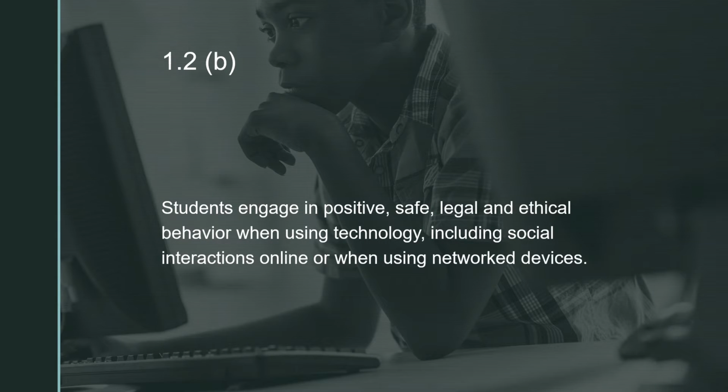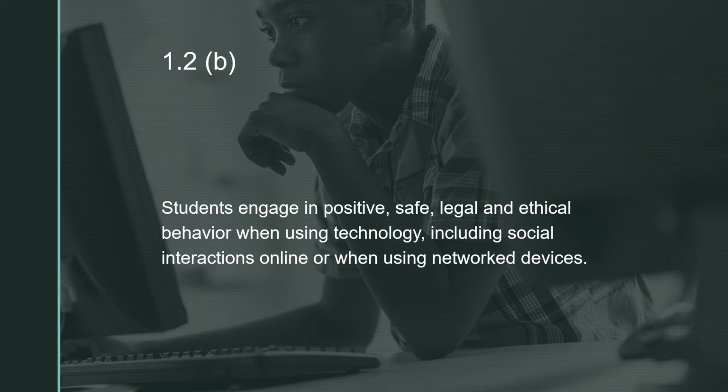And substandard B, students engage in positive, safe, legal, and ethical behavior when using technology, including social interactions online or when using network devices. So basically, if you're interacting with people online or even just doing your own personal post to share with others, you just want to say to others what you'd want to be said to you.